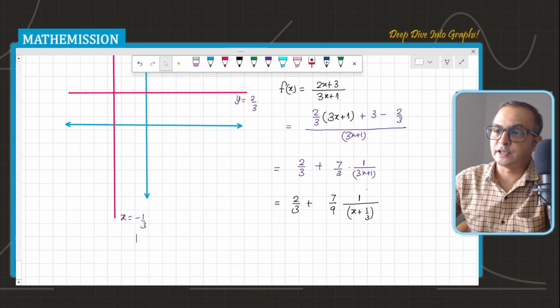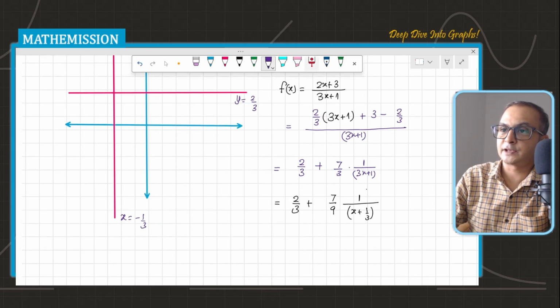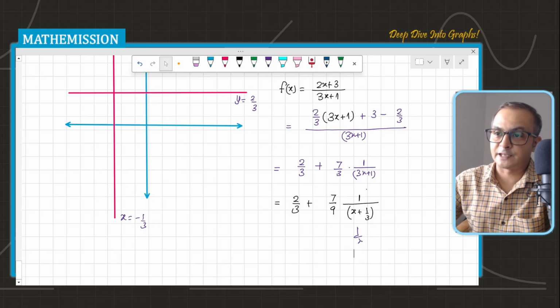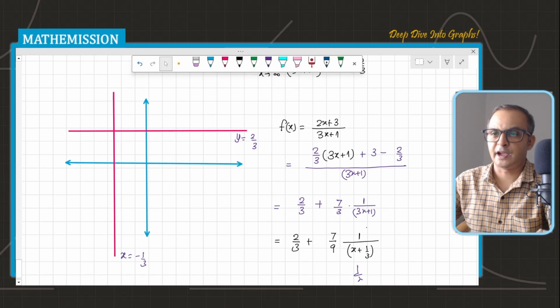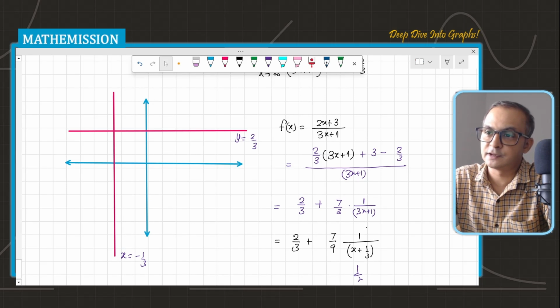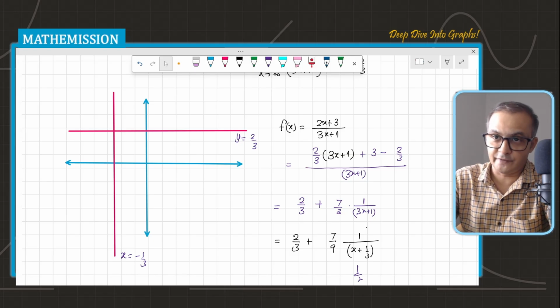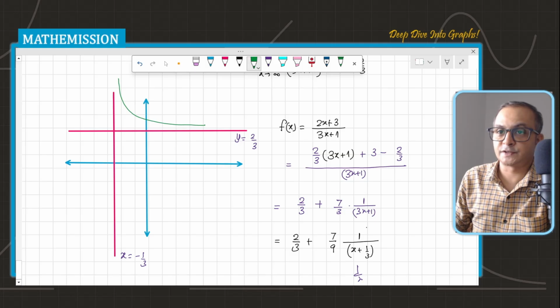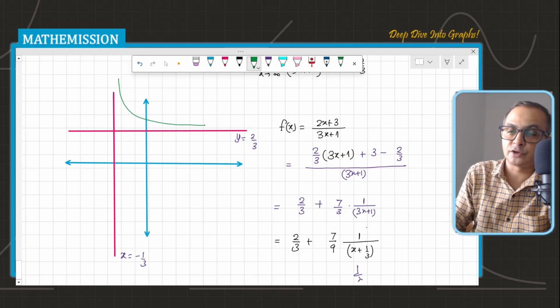You see, this is the graph of 1/x shifted 1/3 unit left. The 7/9 is a scale factor, and you can see this much is not giving some significant effect. So I can safely draw the graph of 1/x, pretending that I'm drawing the graph of 1/(x + 1/3), assuming that x = -1/3 is our asymptote.